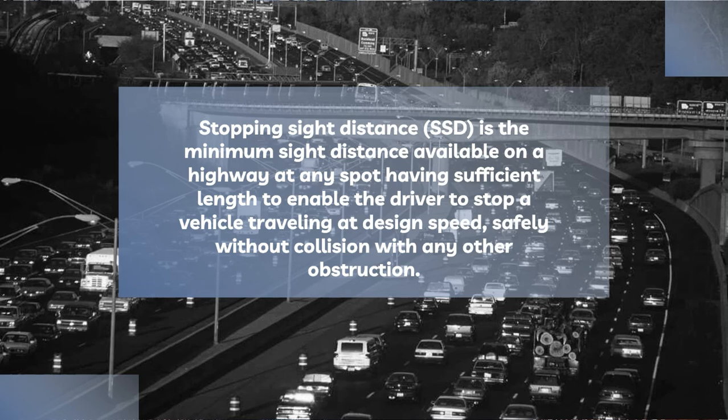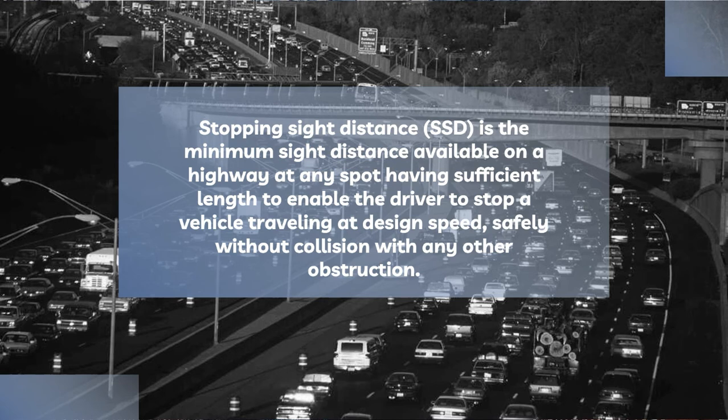It is the distance traveled by a vehicle from the time a situation is first noticed until the deceleration is complete. If drivers must react quickly to a situation, they must be allowed enough time. As a result, a sight distance at least equal to the safe stopping distance should be provided in a highway design. The sum of the lag distance and the braking distance is the stopping sight distance.